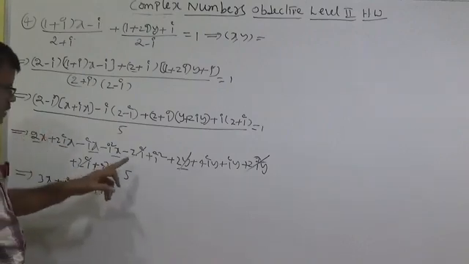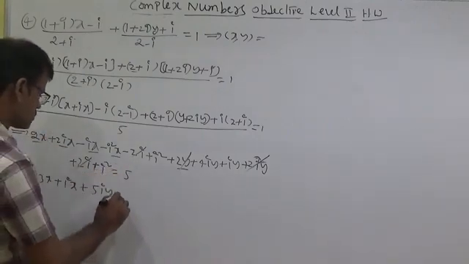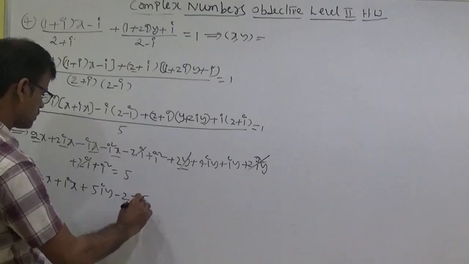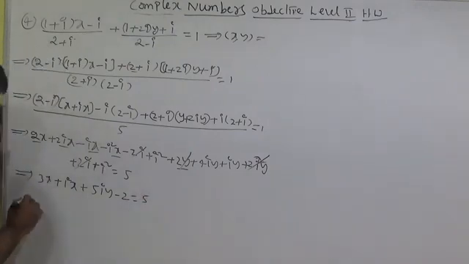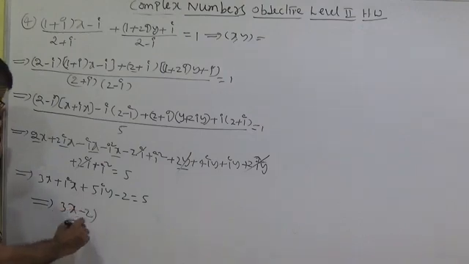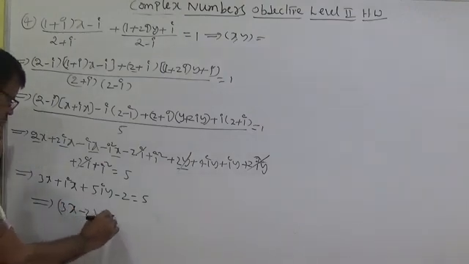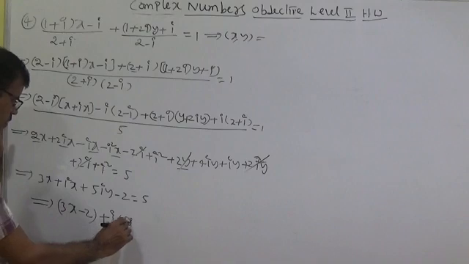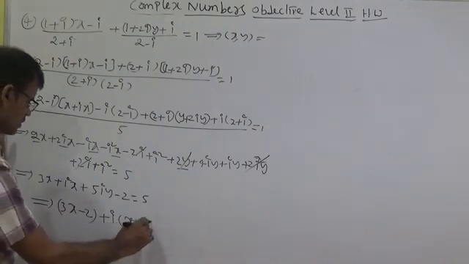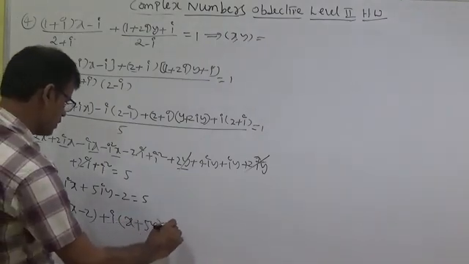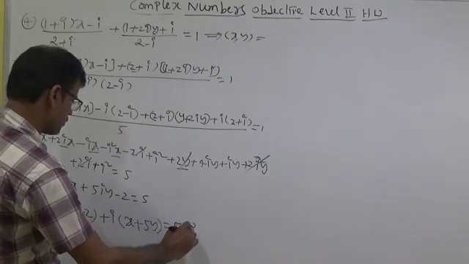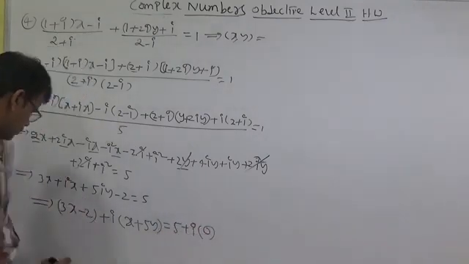Then i square times 2 gives minus 2, equal to 5. That implies, write like this: 3x minus 2 plus i taken common, within brackets x plus 5y, is equal to 5 plus i into 0.